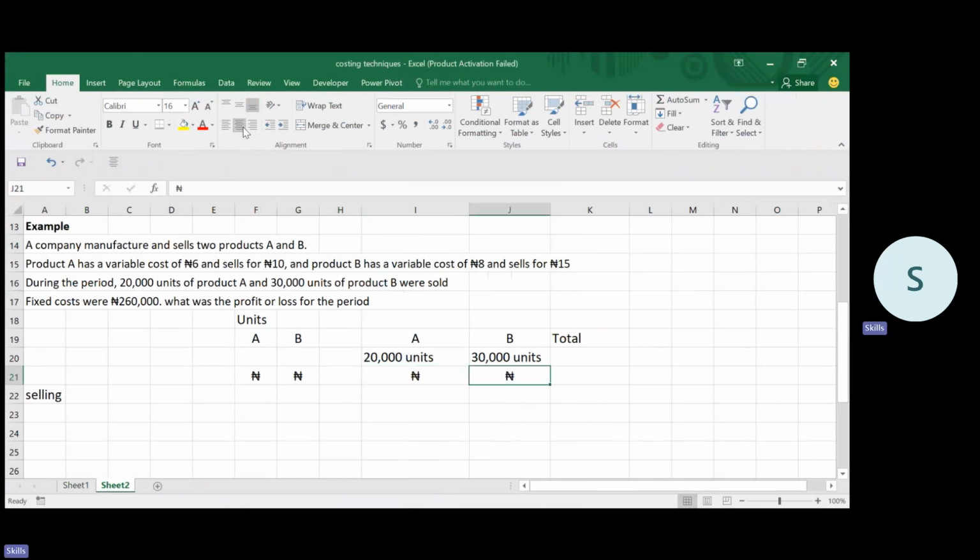So for the per unit selling price, the selling price of product A is 10 naira, and for product B is 15 naira.